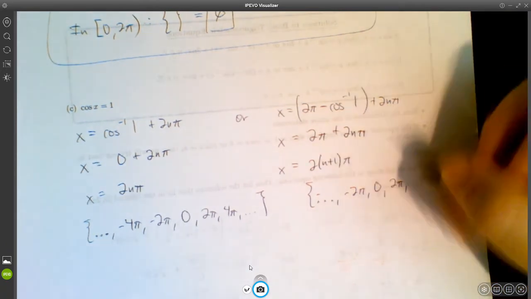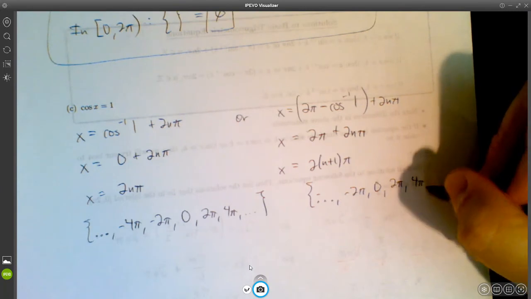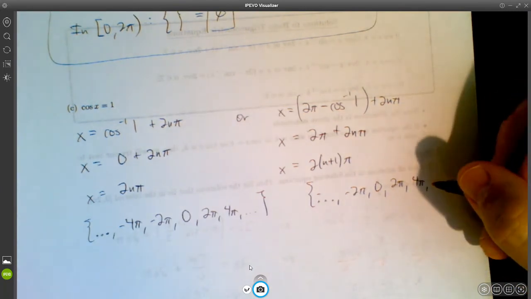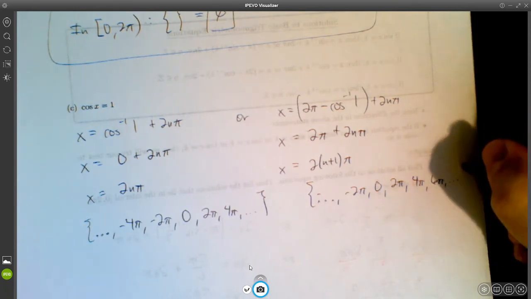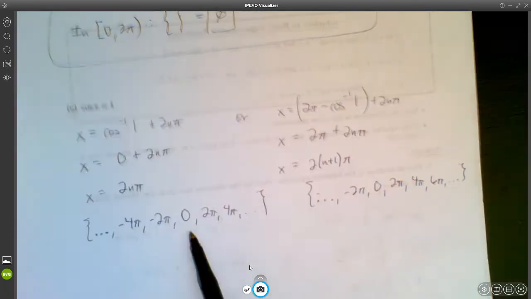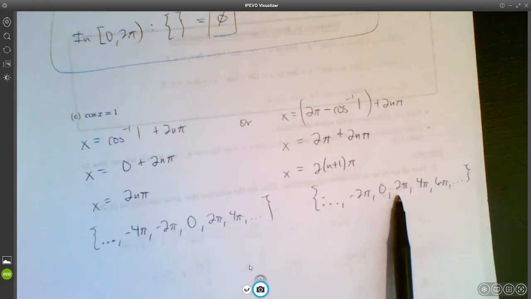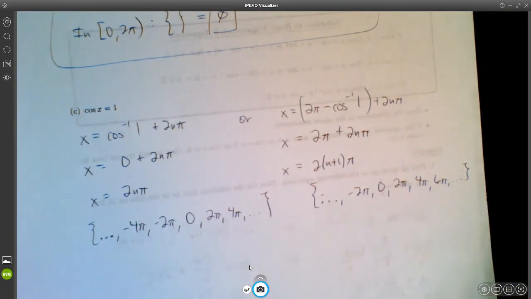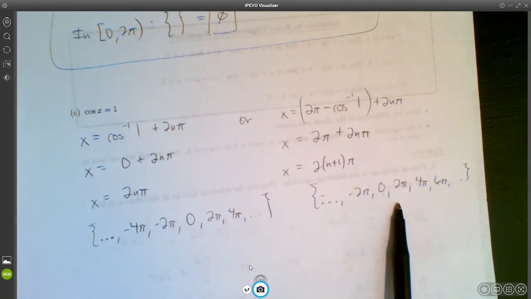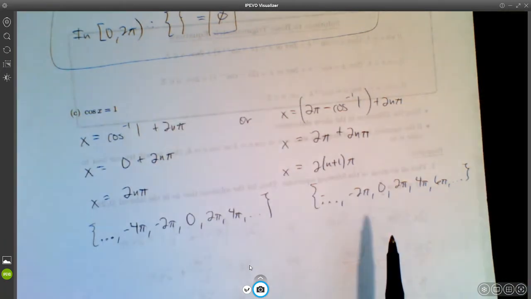If you plug in 1, you get 4 pi. If you plug in 2, you get 6 pi, and so forth. But these are exactly the same set, right? They're exactly the same set because they both extend forever in the negative and positive directions. So they're going to contain exactly the same numbers, okay?